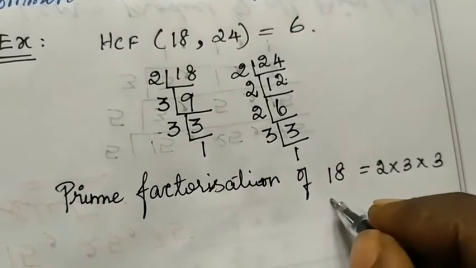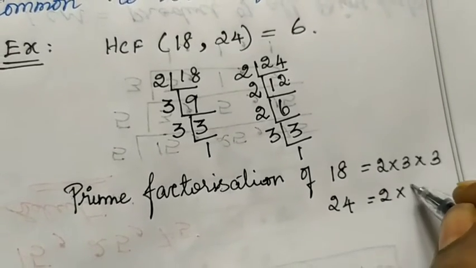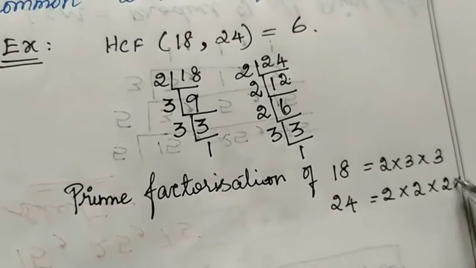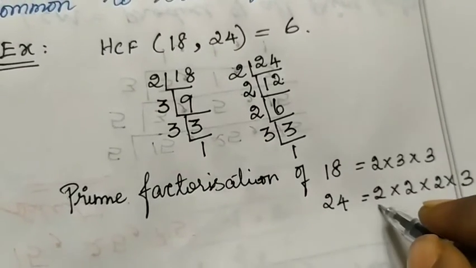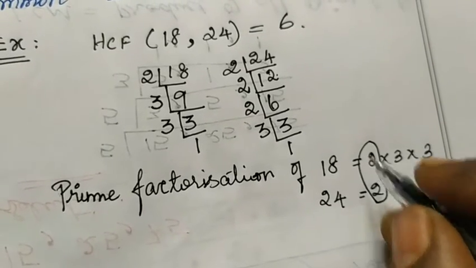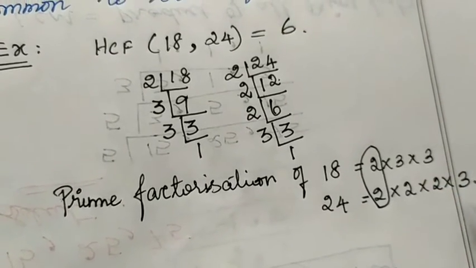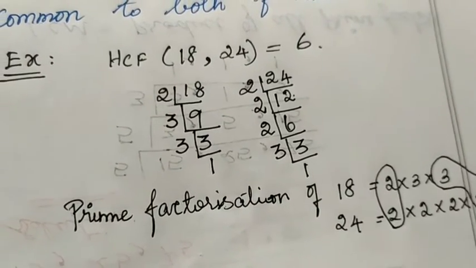Next, prime factorization of number 24 equal to, what are the numbers coming? 2 into 2 into 2 into 3. So first we need to find the common factors. 2 comes in both the numbers, and 3 comes in both factorizations.